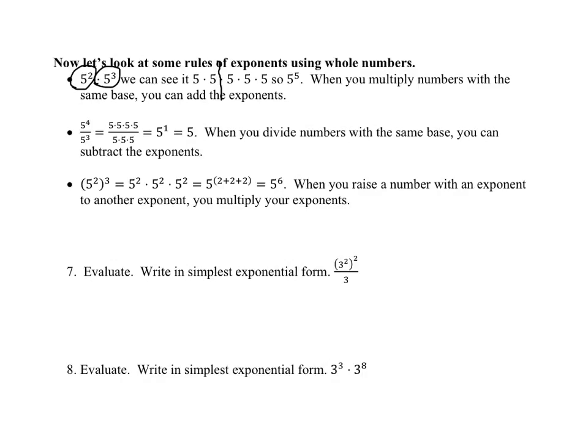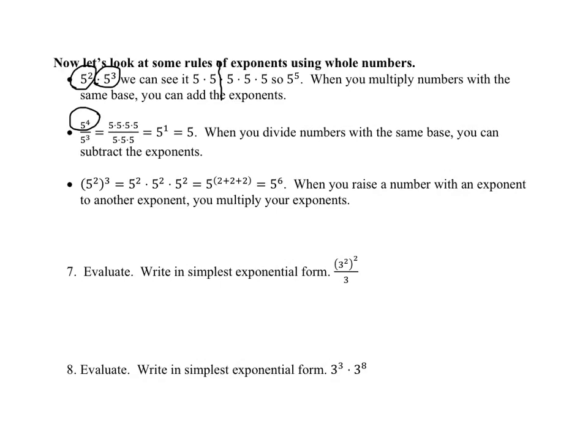So when you multiply numbers with the same base, you can add the exponents. For the next one, let's look at dividing. 5 to the fourth really means 5 multiplied by itself for a total of 4 times. And then 5 to the third means 5 times 5 times 5.